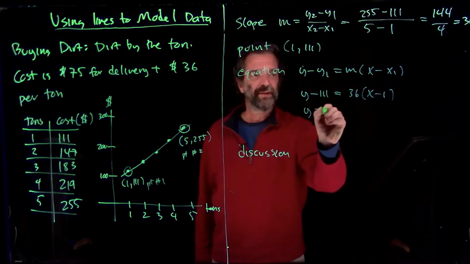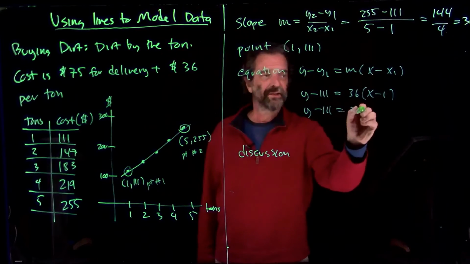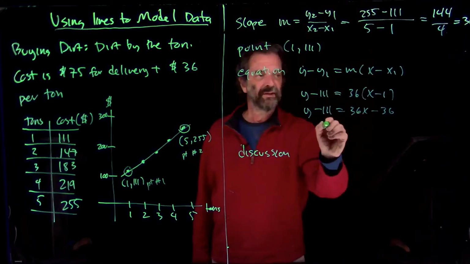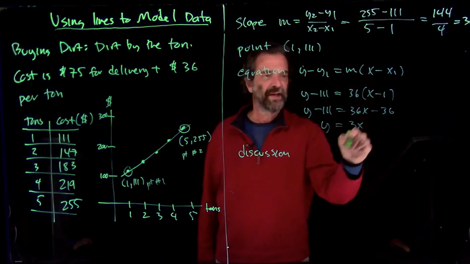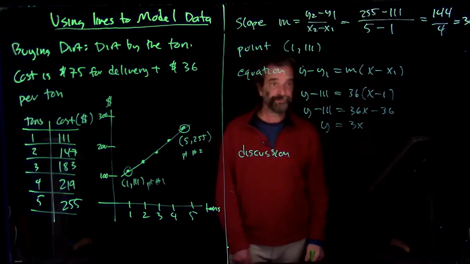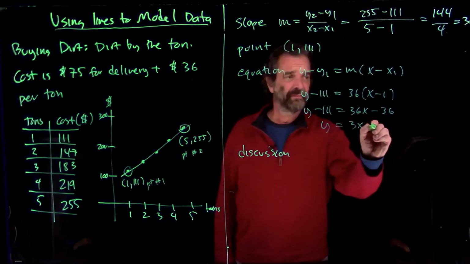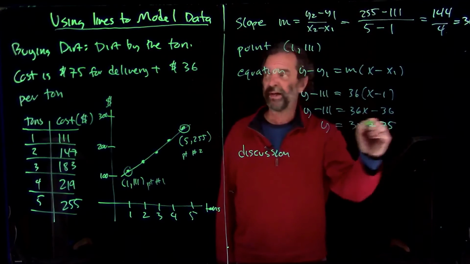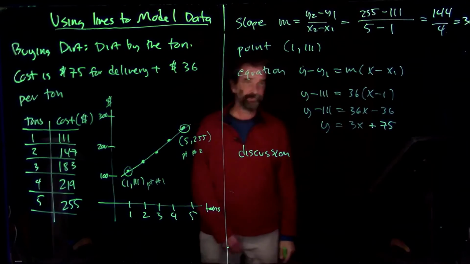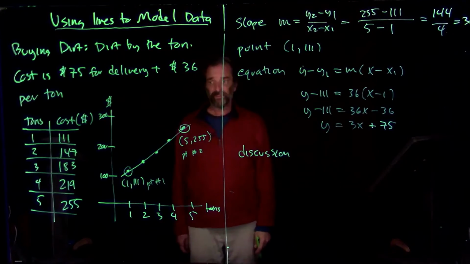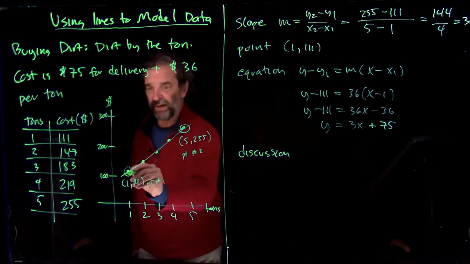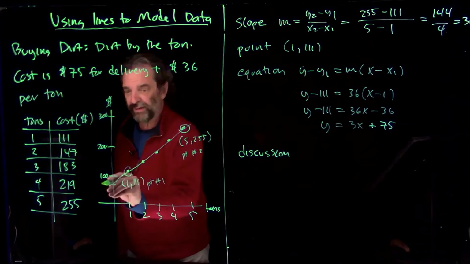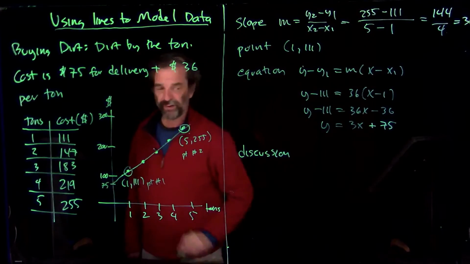That's y minus 111 equals 36x minus 36. That's y equals 36x. I'm going to add 111 to both sides. And 111 minus 36 turns out to be 75, as predicted. So continuing this on down, it's going to hit the axis here at 75, like as we anticipated.